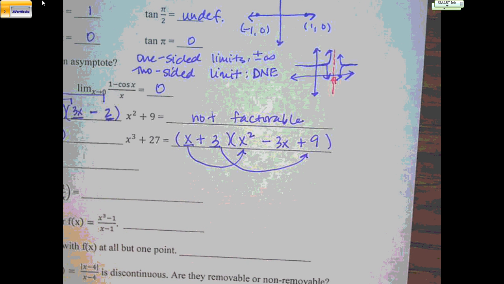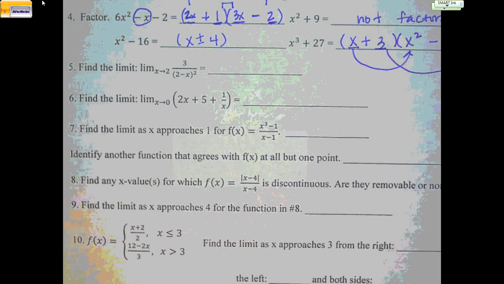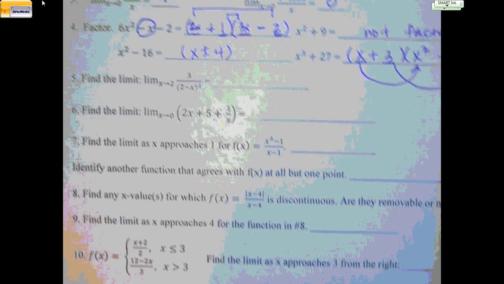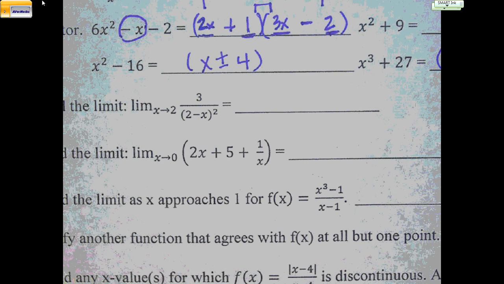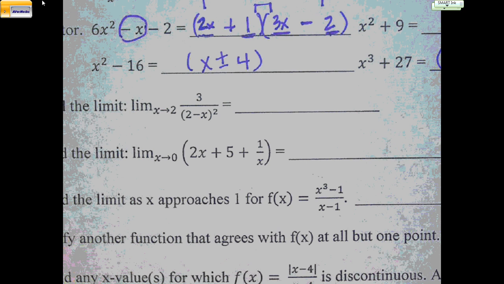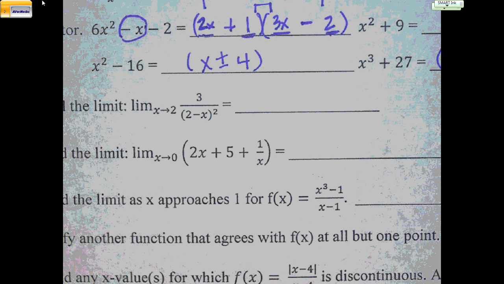All right, number 5. Now we jump into the limits. We're approaching 2 from both sides. As you think about the graph of that, whether you know really what it looks like or not, what do you know for sure happens at 2? Yes, there's an asymptote. How do you know it's not a hole?